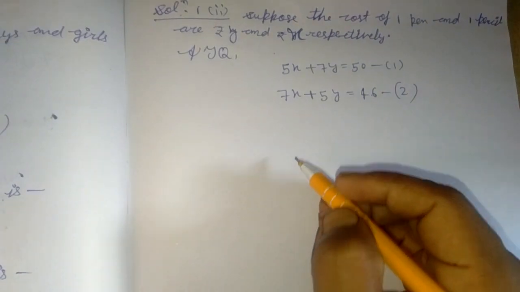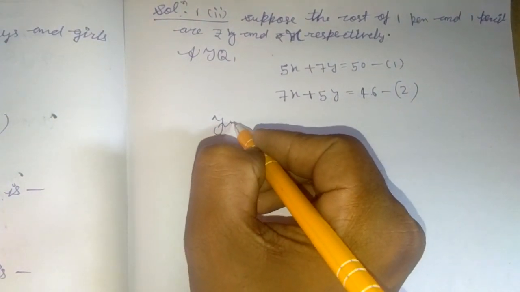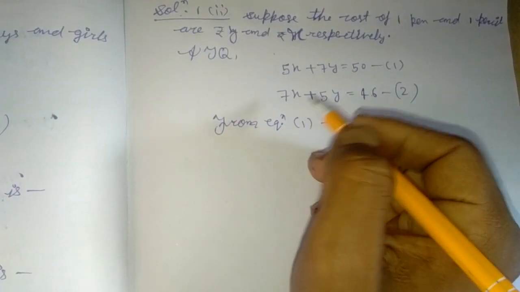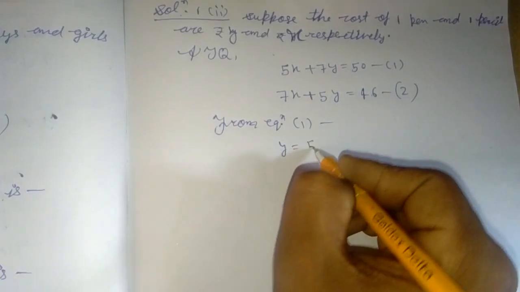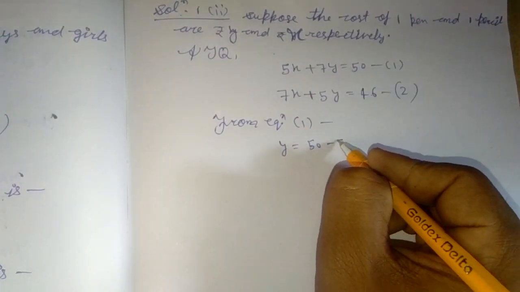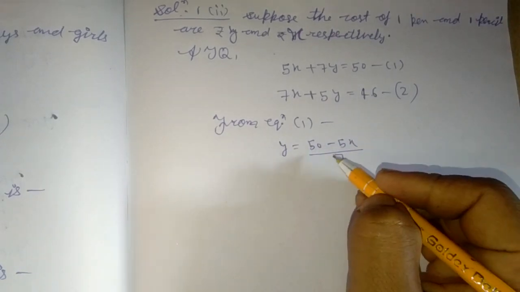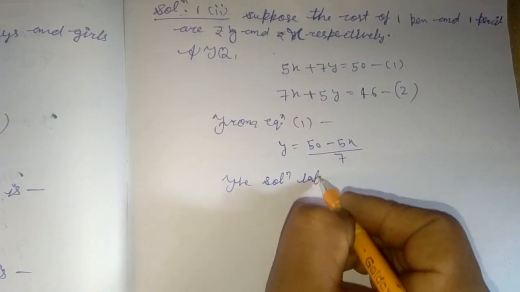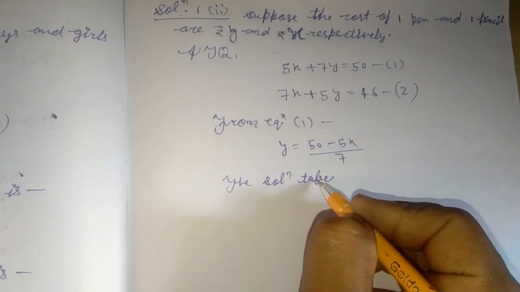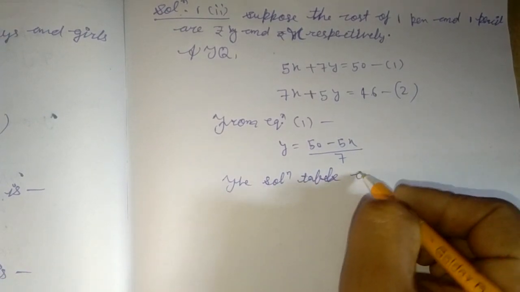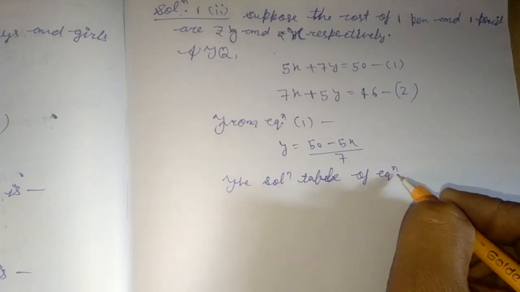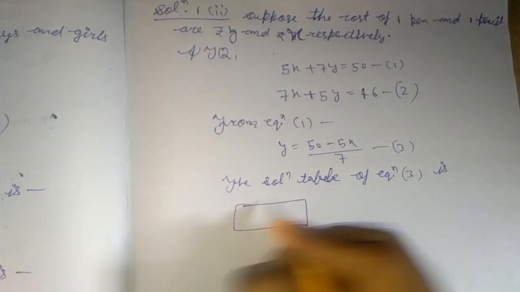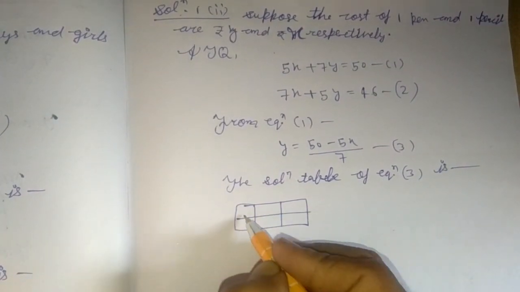Now from equation 1 we write y in terms of x: y is equal to (50 minus 5x) upon 7. Okay, so the solution table of equation 3 is x, y.